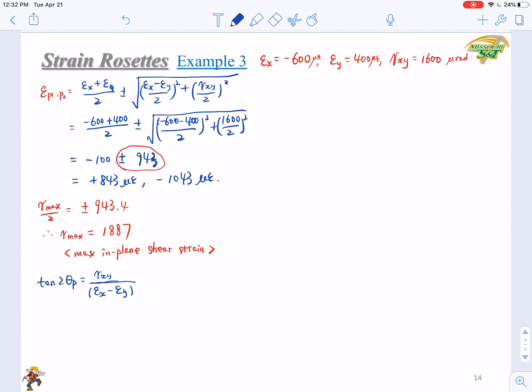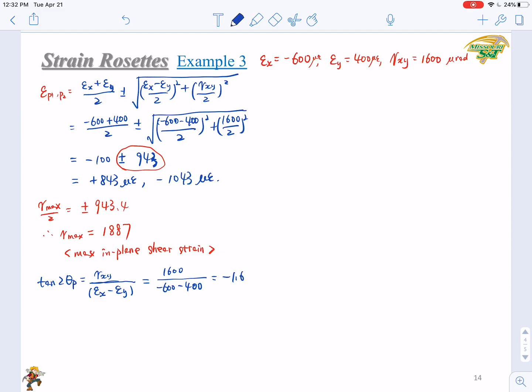Then 1600 over negative 600 minus 400, you get negative 1.6.